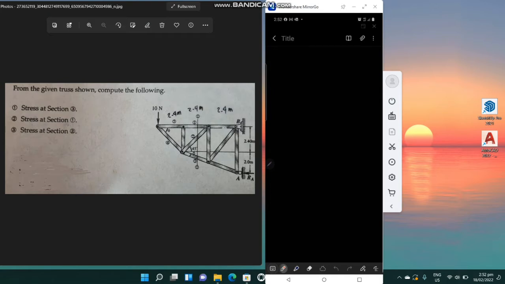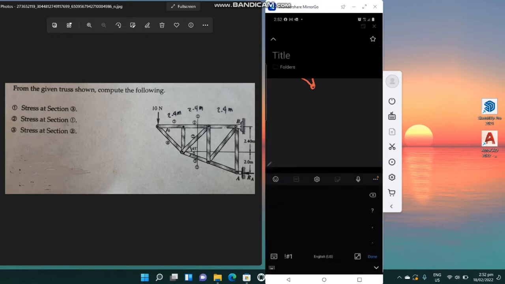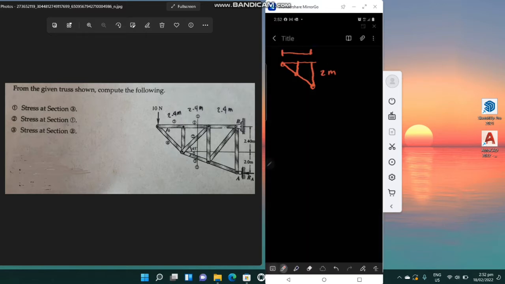Okay, so before na ito makompute ang stress ng section 3, kinahanglan na ito makuha ang angle beta. So kung makita na ito, project na ito ng duha ka points, that is 2 meters and duha ka 2.4, so this is 4.8.